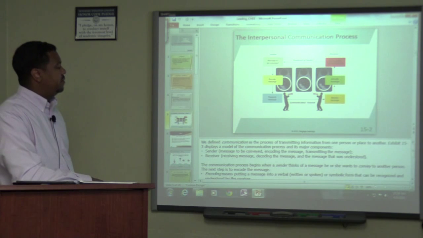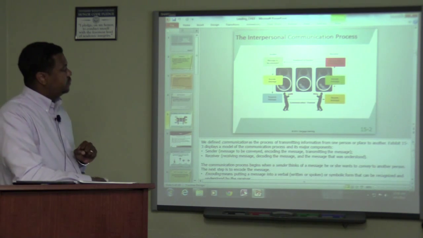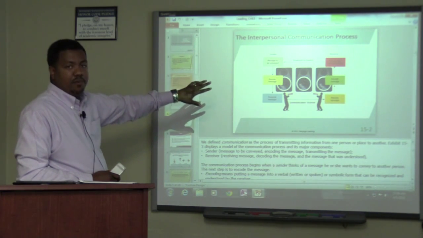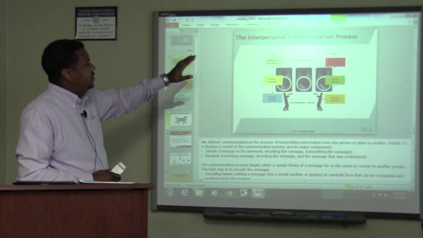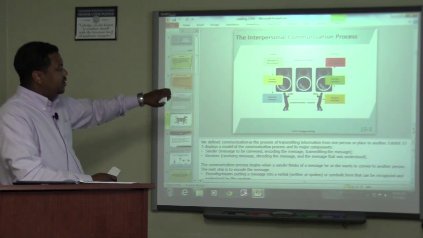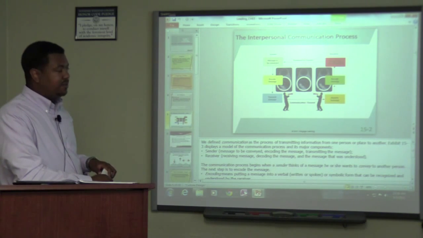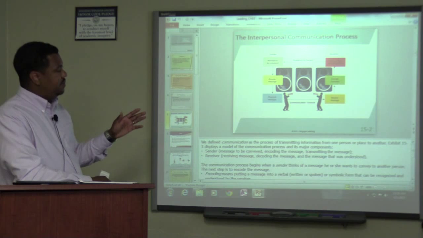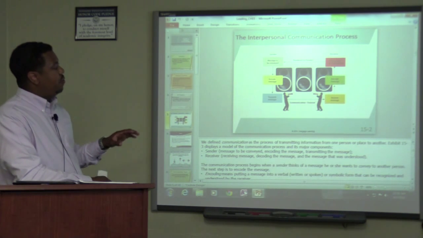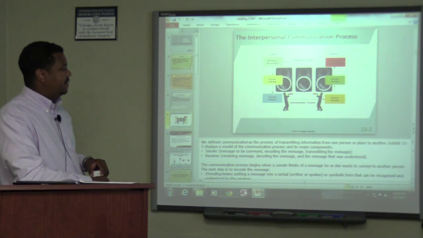Now, when we start talking about communication, we have to think about the communication process. We have a sender, and our textbook gives us a good example in the exhibit, where the sender conveys the message, encodes the message, transmits the message, and utilizes some type of communication channel to send it to the receiver. That communication channel can be email, face-to-face, written, or whatever designated channel that particular sender has identified.